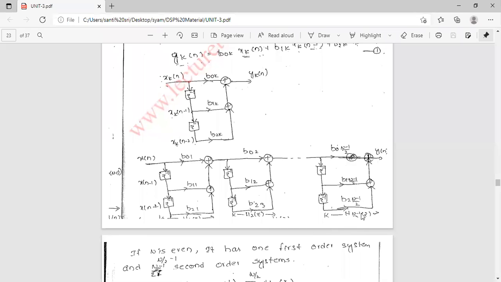This is nothing but h n minus 1 by 2 of z.